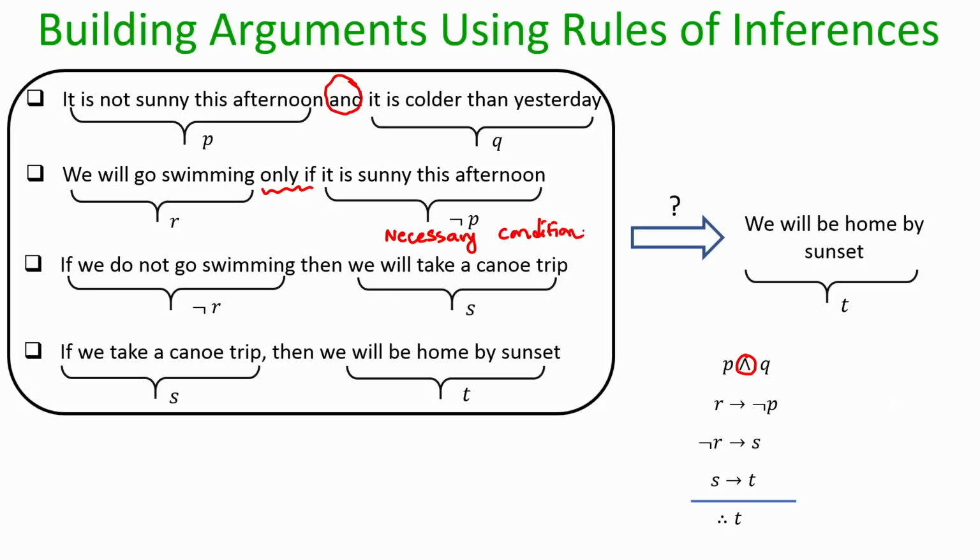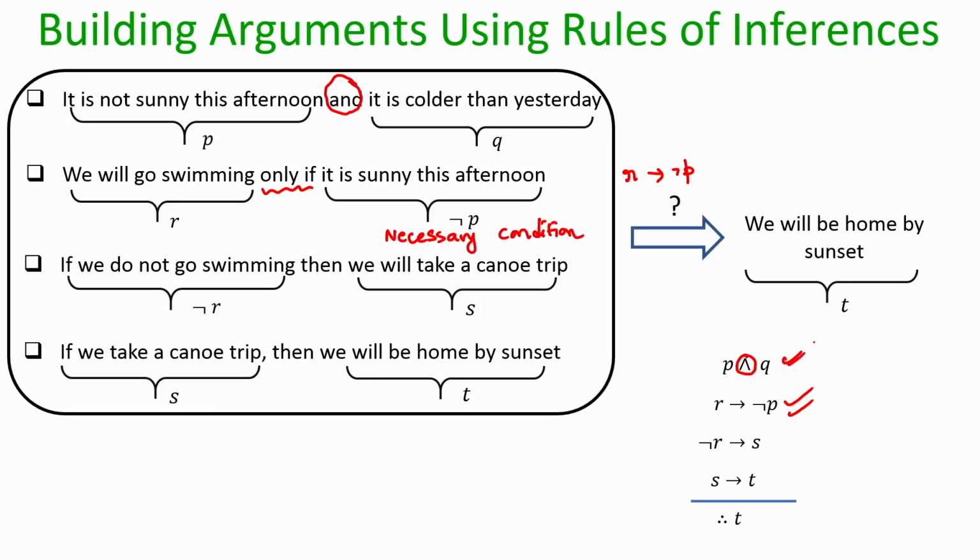You can go back to the lecture where we introduced the implication operator. So, this statement will be represented by R implies negation P. That means negation P is a necessary condition for R. That means if it is not sunny this afternoon, definitely I will not go swimming. That is the interpretation of this statement, and that is why it will be represented by R implies negation P.